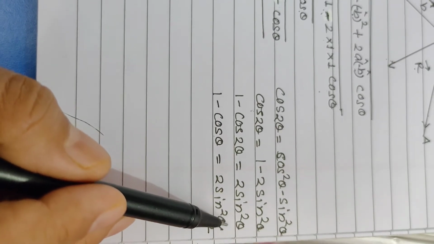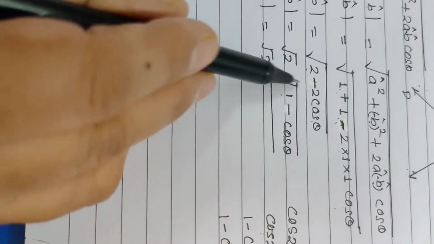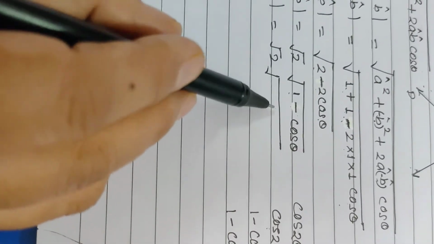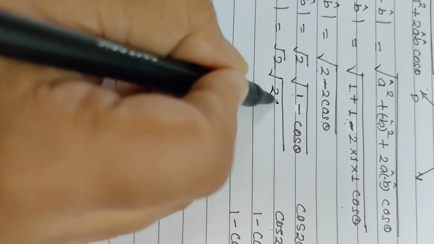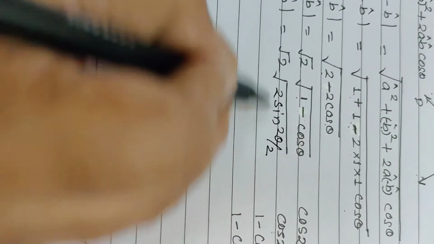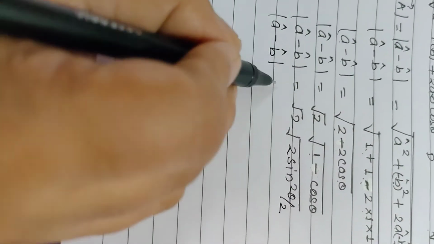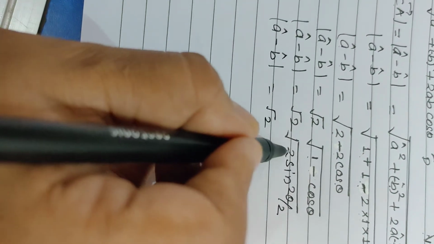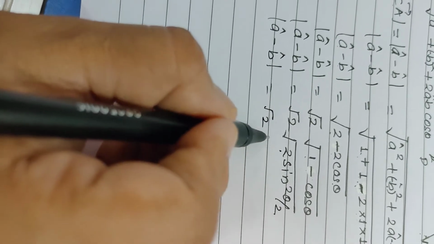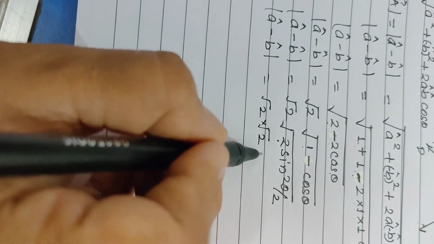Okay, now this value we are putting in this equation, under root 1 minus cos theta. So here we'll put 2 sin square theta upon 2. Now you will see a cap minus b cap will be equal to root 2, and here also root 2 is there. So this is also root 2 and this is sin square theta upon 2.